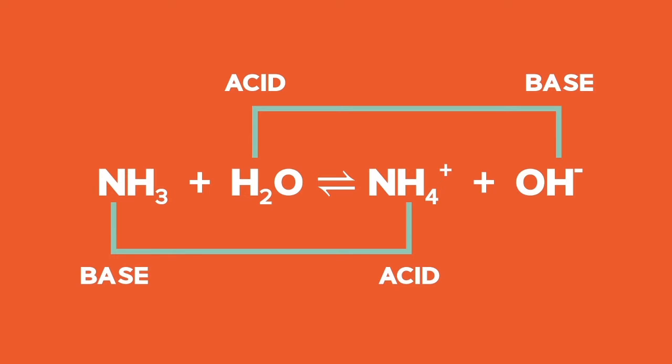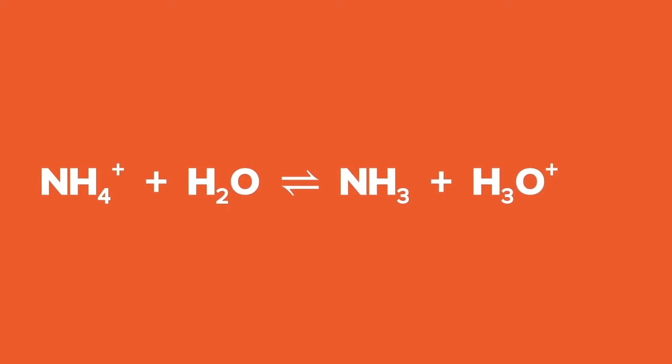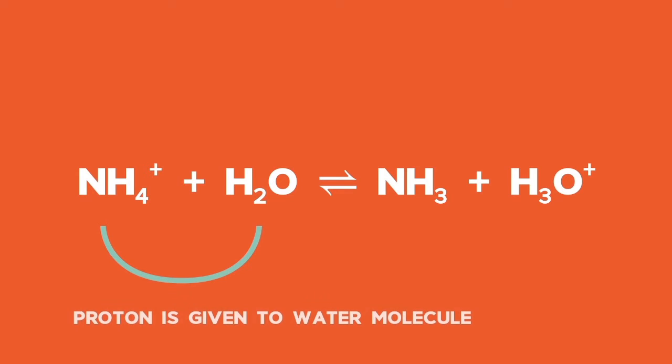The ammonium ion is the conjugate acid of the weak base ammonia. The ammonium ion releases a proton when it reacts with a water molecule. It forms a hydronium ion. The increased concentration of hydronium ions causes the pH of the salt solution to be acidic.